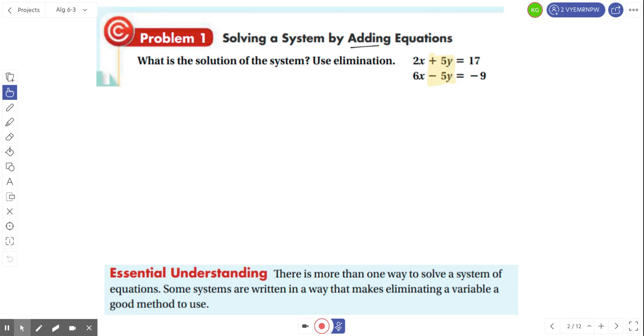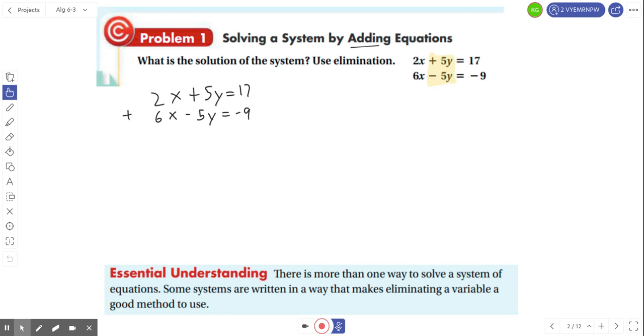So let me do that. 2x plus 5y equals 17, and 6x minus 5y equals -9. And you add everything.